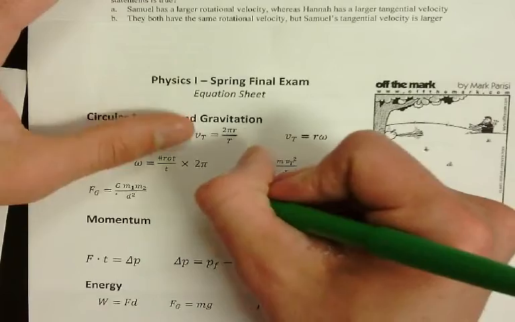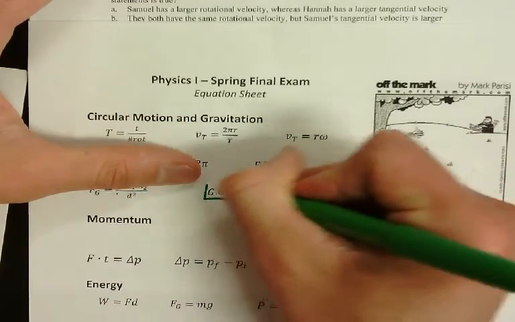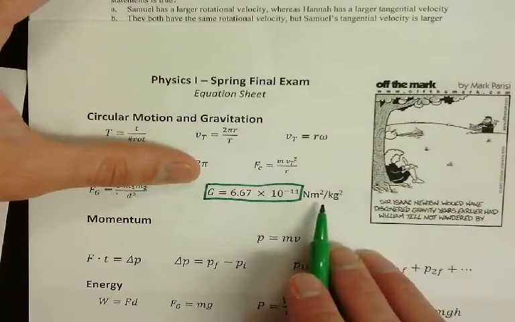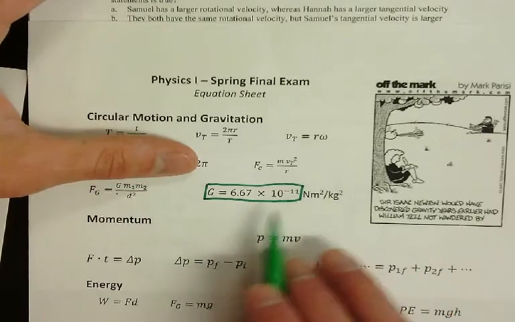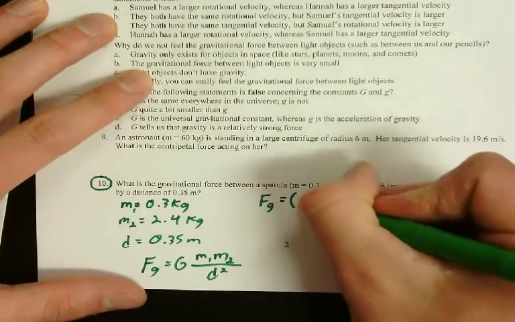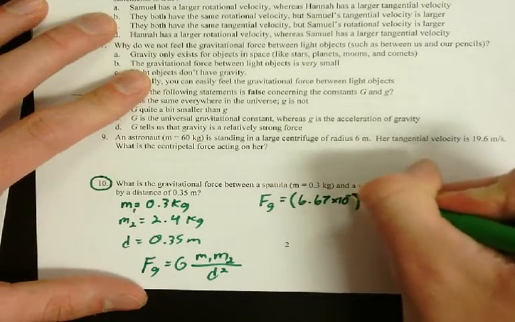Now, this is the actual number. This is just a unit. So don't freak out about this stuff. That's just the unit for G. This is the actual number. So I'm going to plug that number in: 6.67 times 10 to the negative 11th.